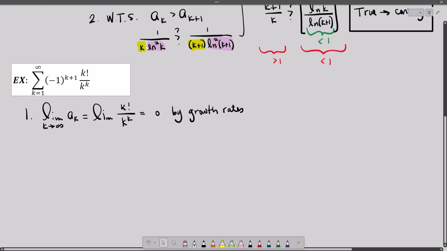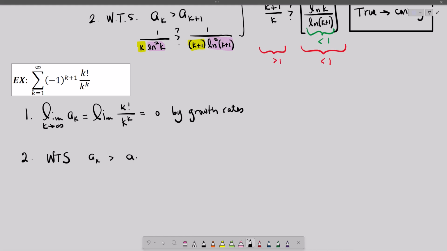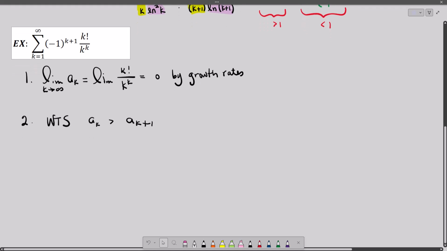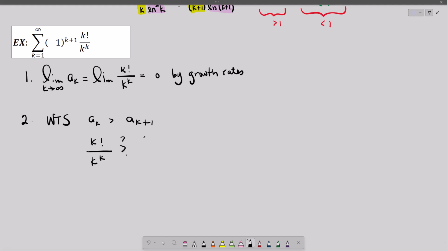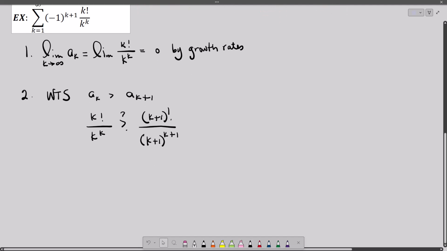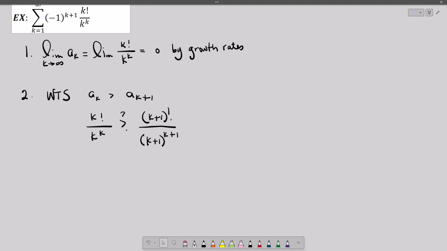So then the question is, can we show that the terms are decreasing? So we want to show that a sub k plus 1 is smaller. So we have k factorial over k to the k. And then on this side, we have k plus 1 factorial over k plus 1 to the k plus 1. This will be simpler than it looks.